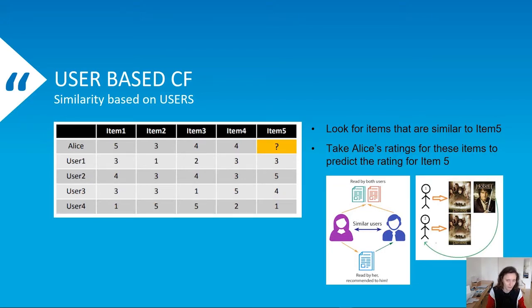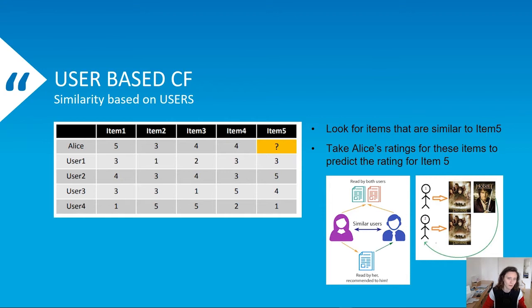Let's take a look at an example. In the user-based collaborative filtering approach, here we have Alice, and we want to estimate if Alice would like item 5 that she didn't see. For example, item 5 can be a movie. We have data about the previous items, and we have data about other users.